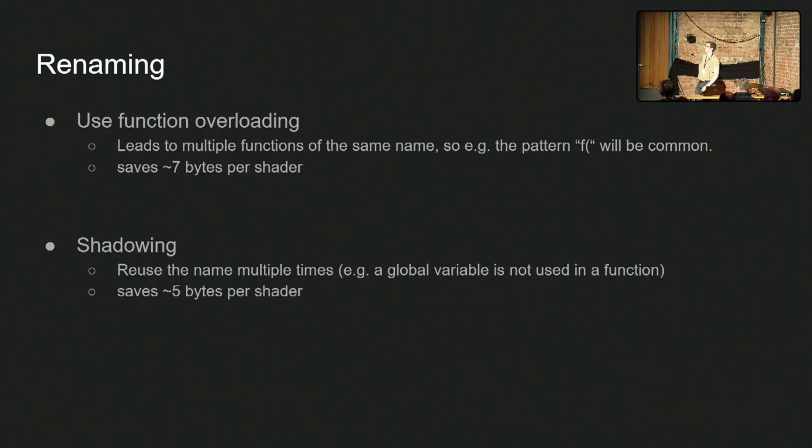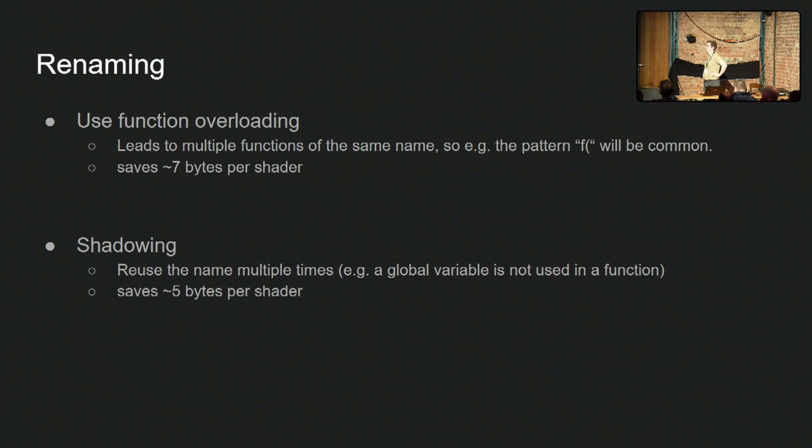Then we also looked at renaming, and one trick we found was that we should use function overloading. If you have two completely different functions that have different arguments, they can still have the same name. This saves some bytes on average, because you have the same name repeated multiple times, and so you have this f and parentheses copied over and over.